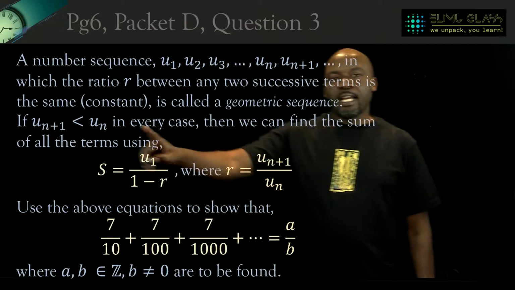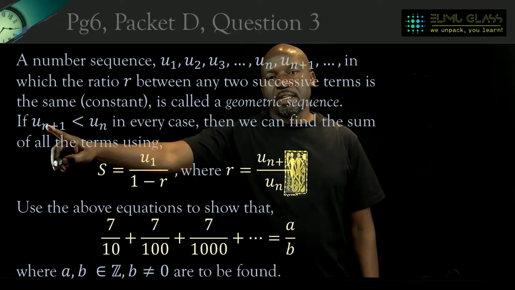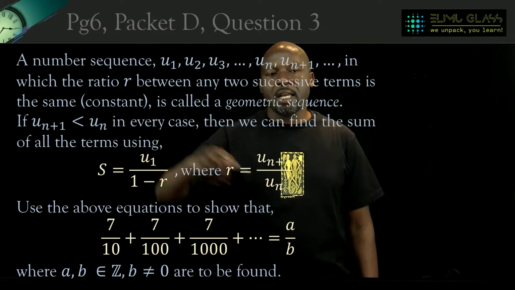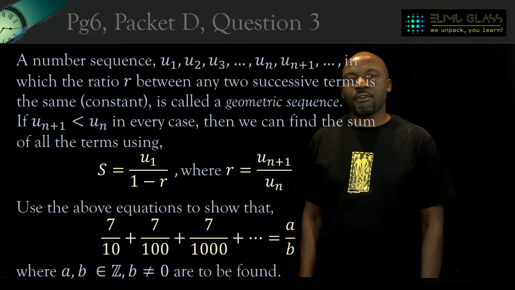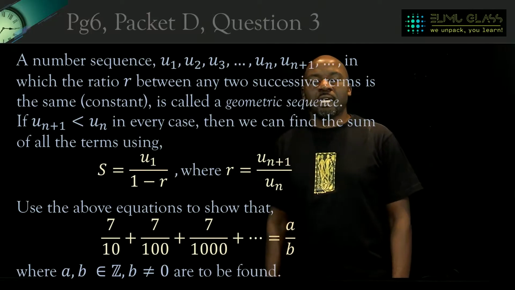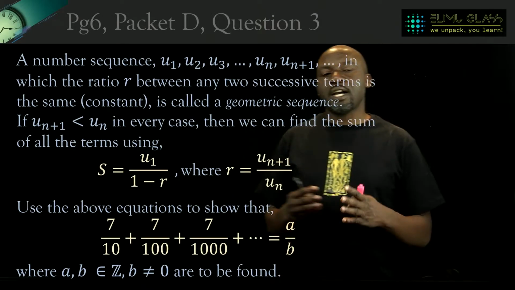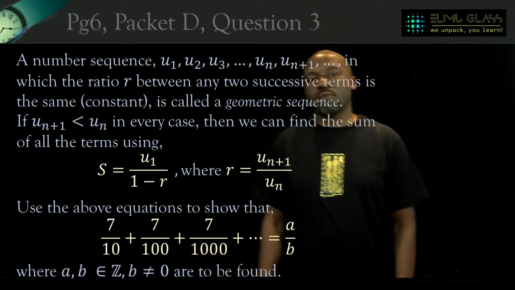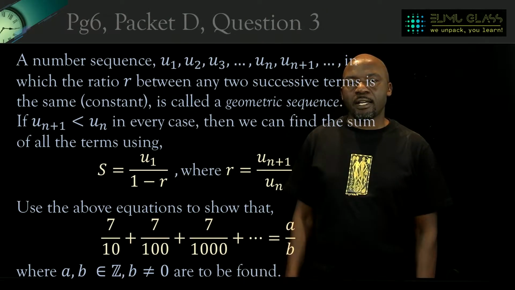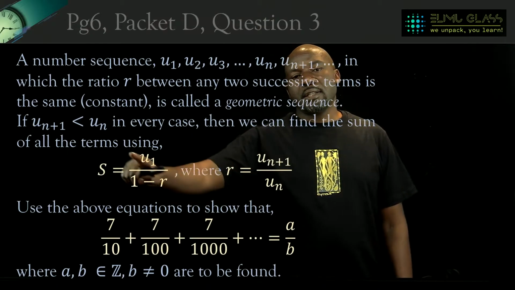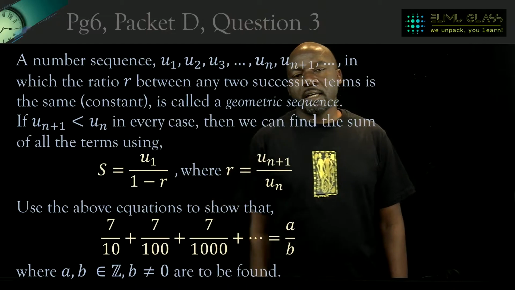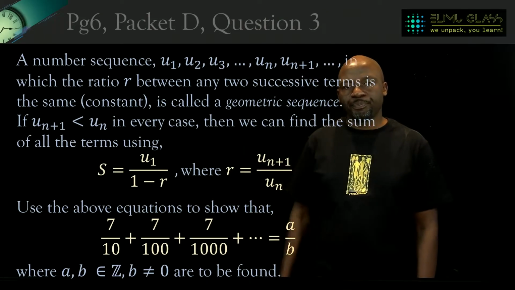If the next term is less than the current term, in every case, then we can find the sum of all the terms in the series. That means we can find the infinite sum using the formula S is u1 over 1 minus r, where u1 is the first term, the term that comes first, and r is called the common ratio.